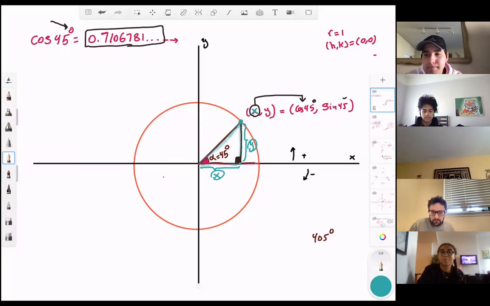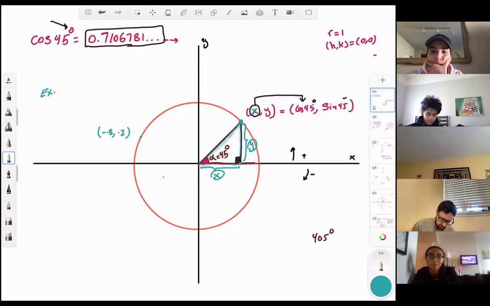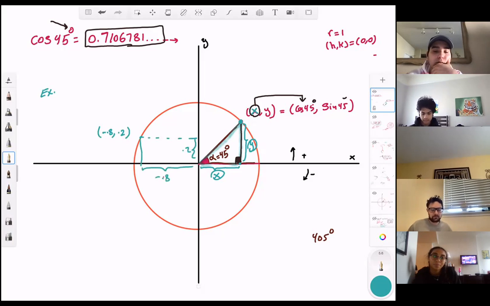For example, there's a point here. I'm just gonna say this point is like a negative 0.8 comma 0.2. That means this is 0.2 and this much is negative 0.8. Good, that's according to X and Y. Now you see it on the circle, but forget about circle. This point has X and Y, and that's how we find it.